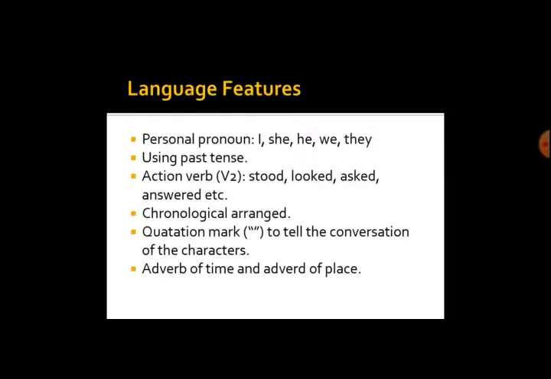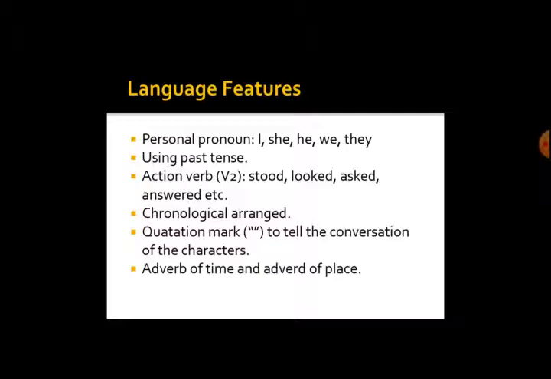Next, language features of the spoof text contains 6 that I provided it in here. First, spoof text use personal pronoun like I, she, he, we, they, and something like that.